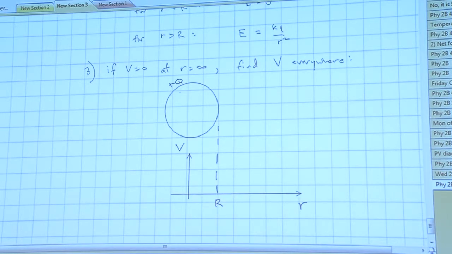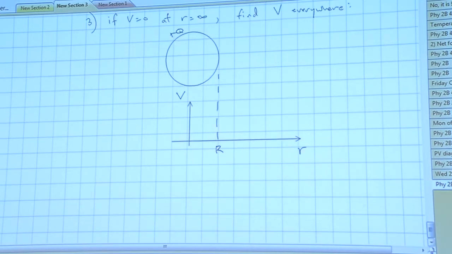As we come in from infinity, what is it if we're outside of the sphere?